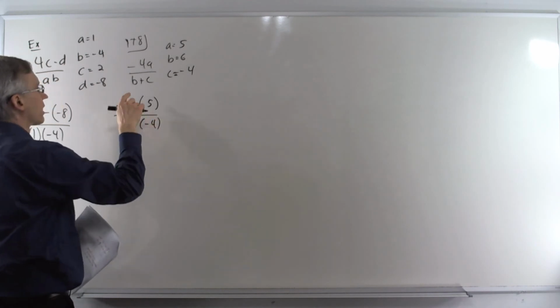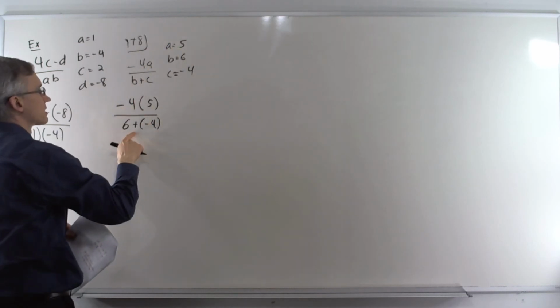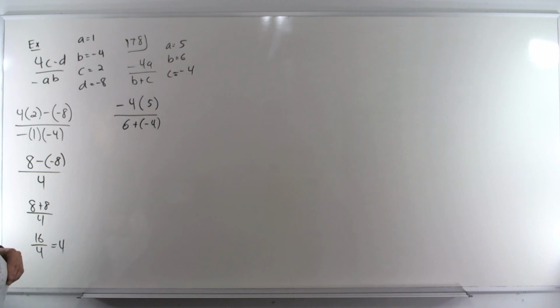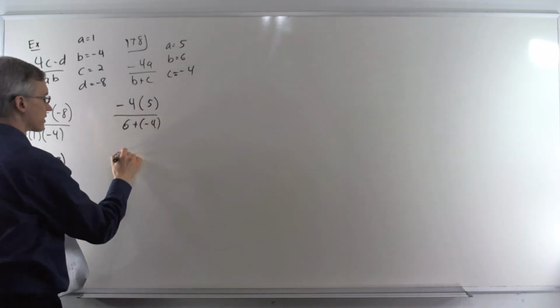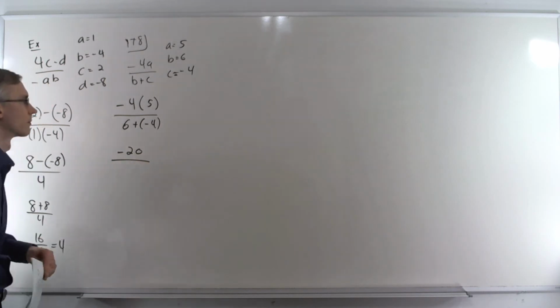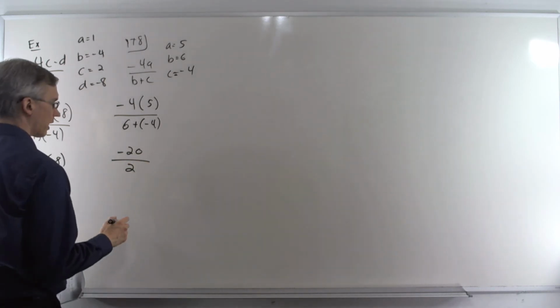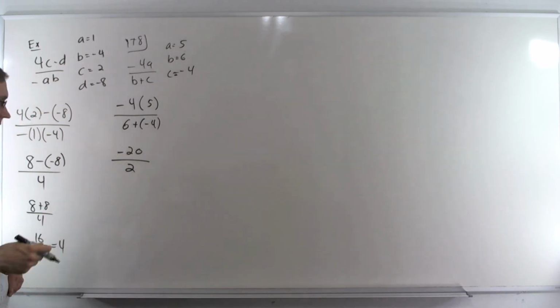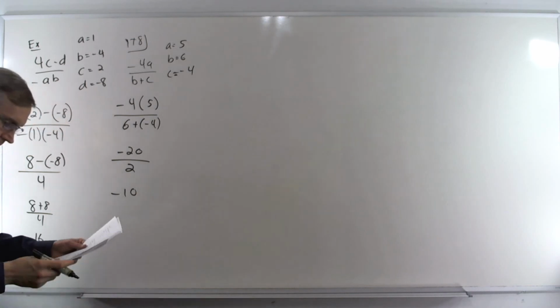So plugging these in, we've got negative 4 times a, which is 5, over b, which is 6, plus c, which is negative 4. Now on top, negative 1 times 4 times 5, that is negative 20. And on the bottom, 6 plus negative 4 is 2. Now we've got a single number on top, single number on the bottom. Now we can divide and get negative 10.